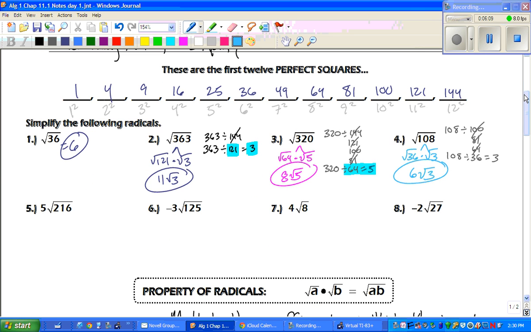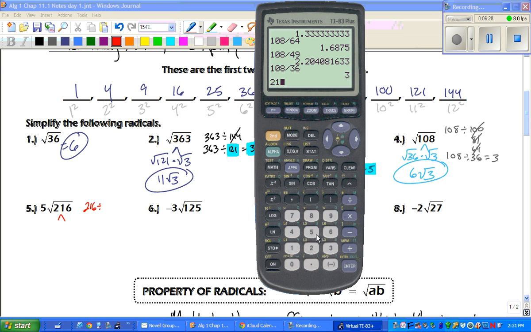Now, what happens when there's a number out front? We are still going to break down 216. Don't just be like, oh, that's not even a perfect square. But let's see, does 9 go into it? Don't start at the bottom. You got to start all the way at the top. So you start at 144.